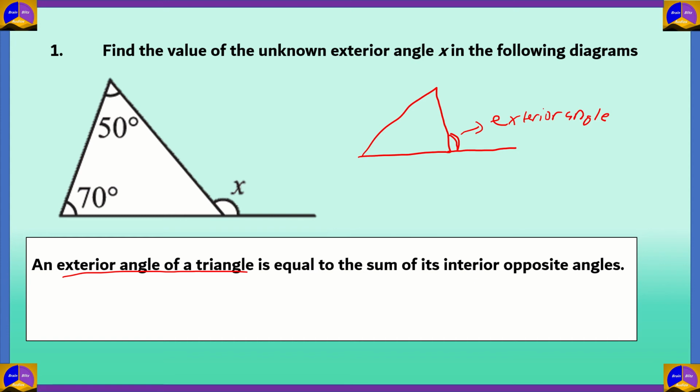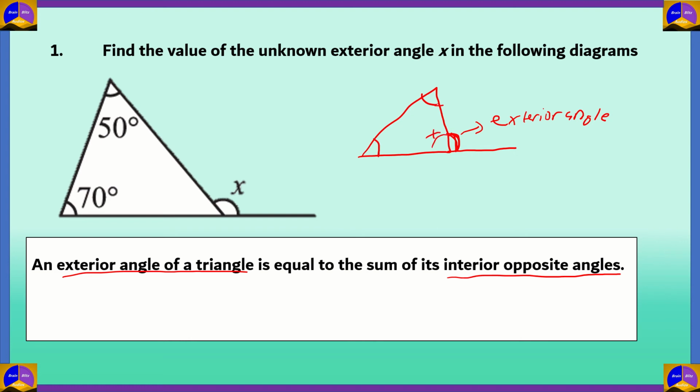And in the property it's also given that interior opposite angles. Interior angles are inside the triangle, while interior opposite angles means the other angles other than the exterior angle's adjacent one. So for example, this is the exterior angle, while these both would form the interior opposite angles.